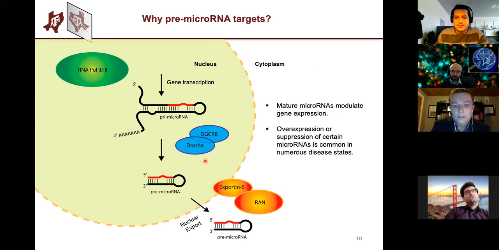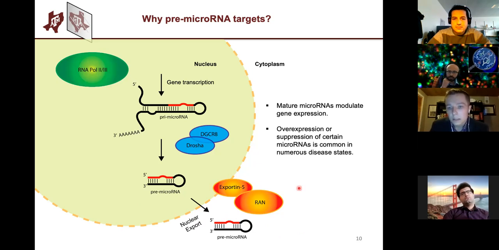They're processed by DROSHA and DGCR8 in the nucleus to become precursor microRNAs. And once these precursors are exported into the cytoplasm, they're processed further by Dicer to form the mature microRNA. And microRNAs are involved in a lot of attenuation and modulation of gene expression.